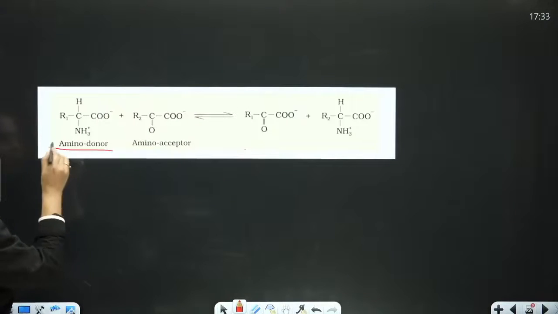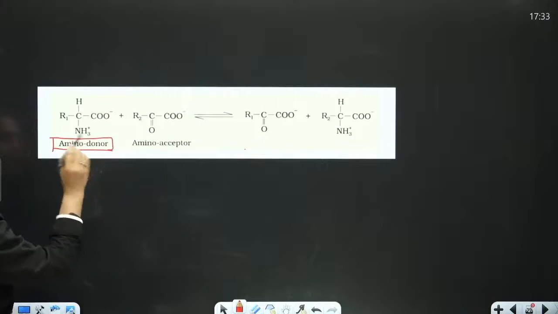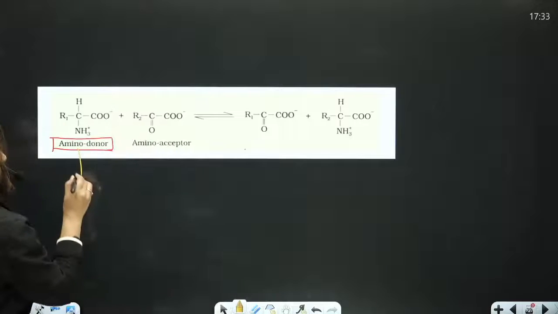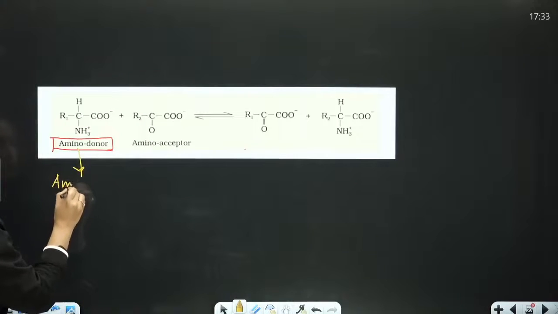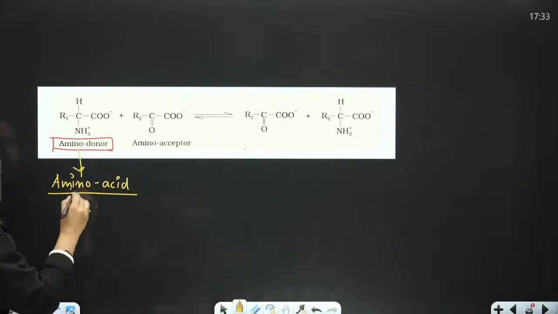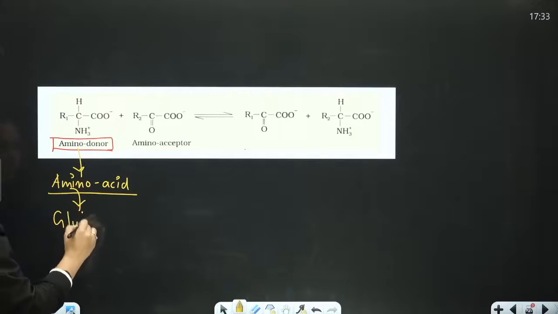Amino donor. Who will be the amino donor? The amino acid, right? So here I am taking the amino donor as the amino acid, and that primary amino acid is glutamic acid.